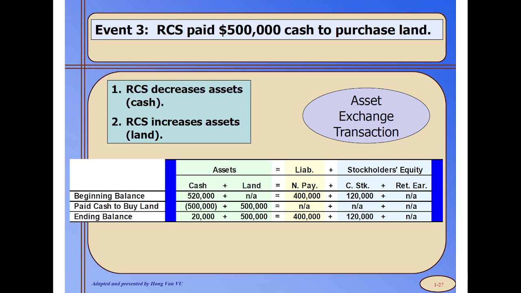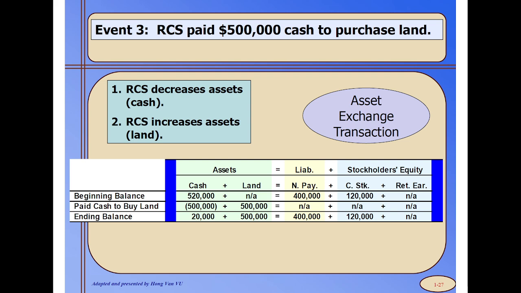So now let's see what happens when the company uses its cash, right? In this slide, you can see that the company purchases land by paying cash. So the company pays 500,000 cash to purchase land, and for analysis, the company decreases its asset cash by 500,000.